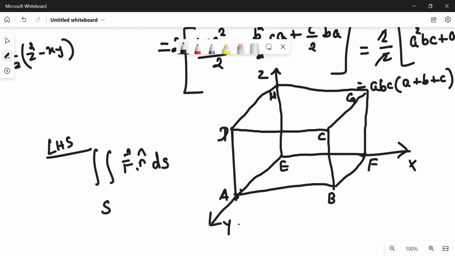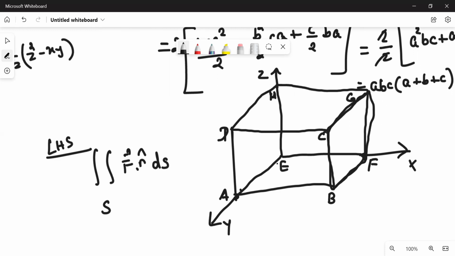So how many surfaces we'll have? Totally 6 surfaces. For each of the 6 surfaces individually we have to calculate F dot n cap ds. Surface 1, surface 2, like that we are going to discuss. Now, if suppose I take this surface, say that is BFGC, this surface passes through the x-axis.